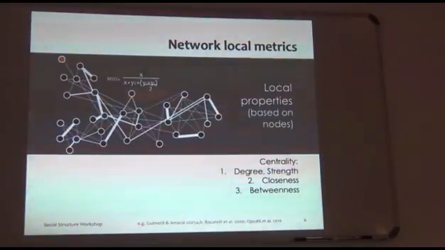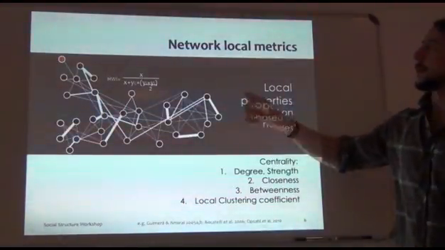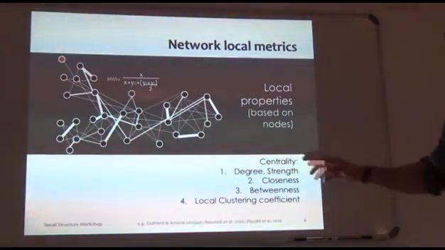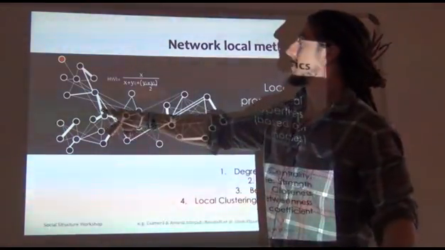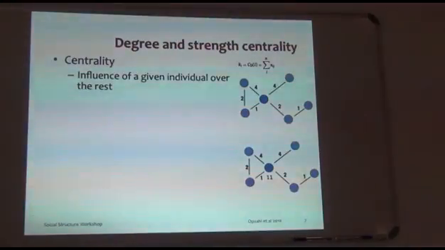We have also the clustering coefficient, same idea as for the whole network, but then we look into the individuals. So we start getting a sense of whether an individual is more central to the network or more peripheral to the system. Right. So degree and strength centrality is very, very simple.